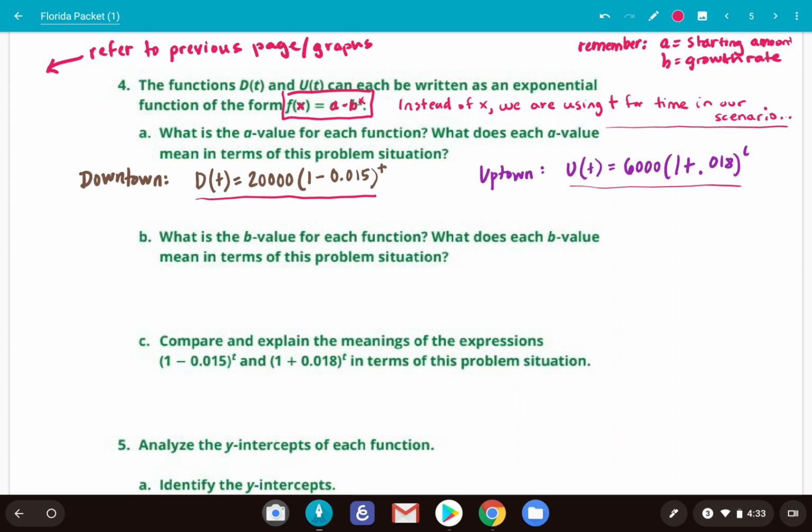So in this case, it says what is the a value for each function and what does each a value mean? So if we look at the population of downtown, our a value is 20,000, and that's our starting population. And then for the a value for uptown, 6,000, that's our starting population.